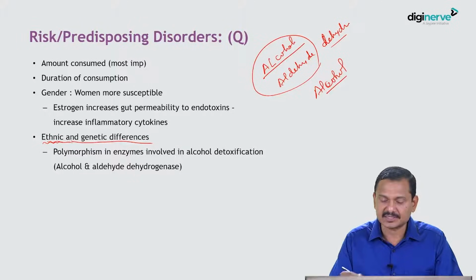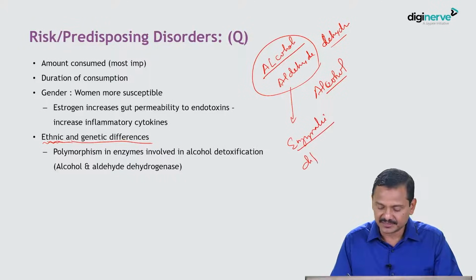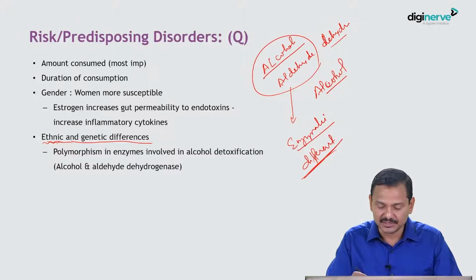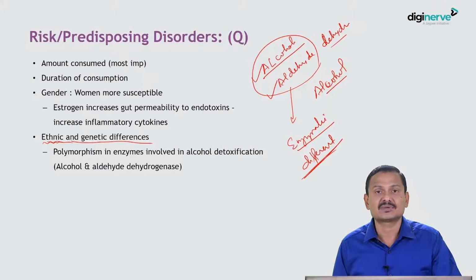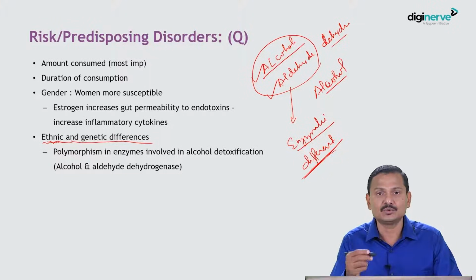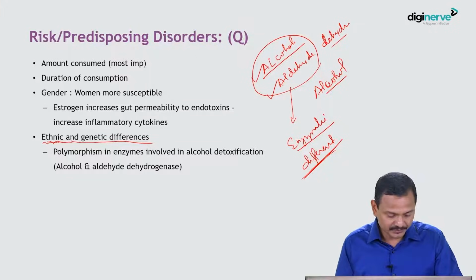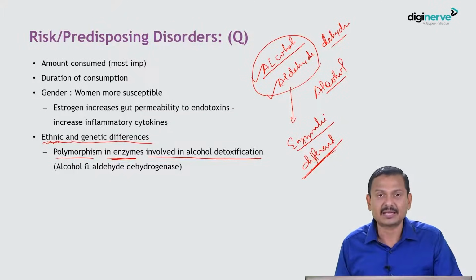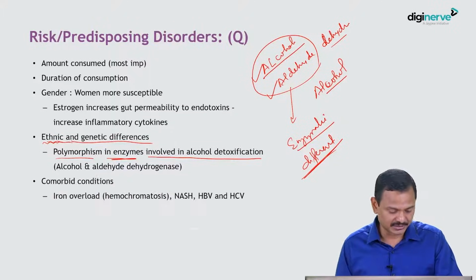But the potential enzymatic activity is different in different persons. So you and I will not have the same enzymatic activity of alcohol dehydrogenase and aldehyde dehydrogenase. So the consumption of alcohol in you and me can have different manifestations. That is about the polymorphism of enzymes involved in alcohol detoxification.